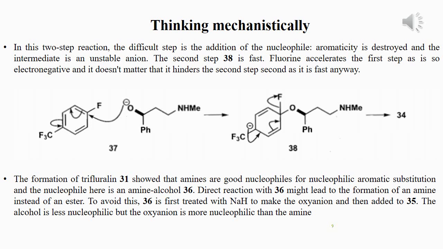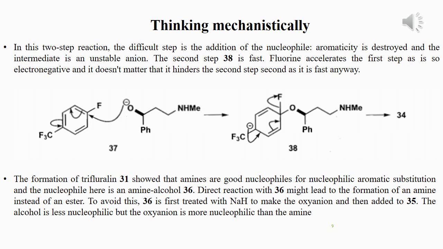If there is an electron withdrawing group that can stabilize that anion, then this aromatic nucleophilic substitution can happen. The second step, 38, is when the leaving group leaves. Fluorine accelerates the first step as it is so electronegative, and it does not matter that it hinders the second step, as that step is fast anyway.